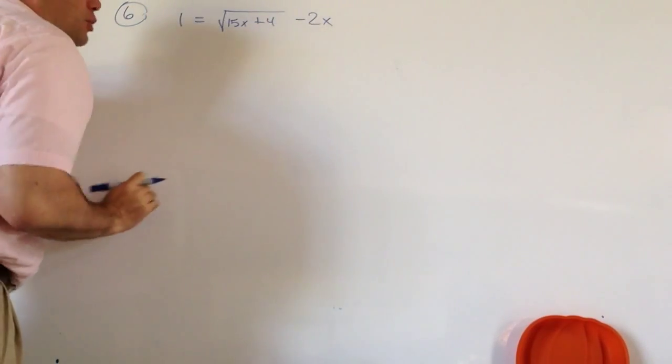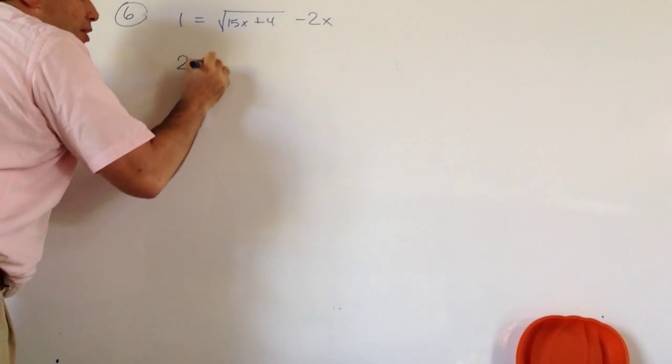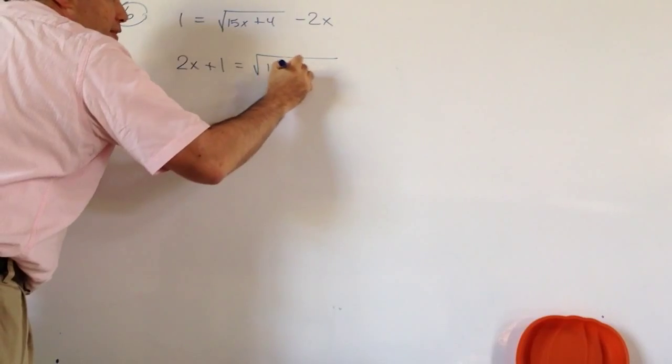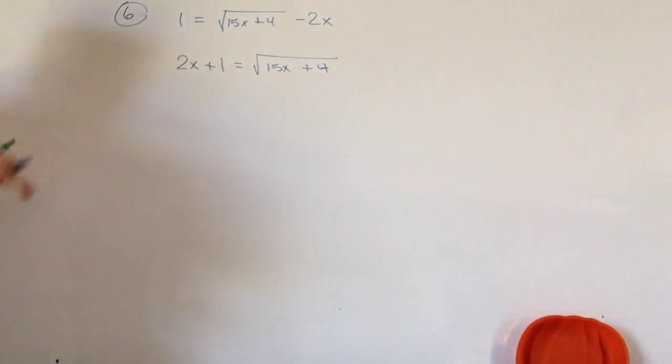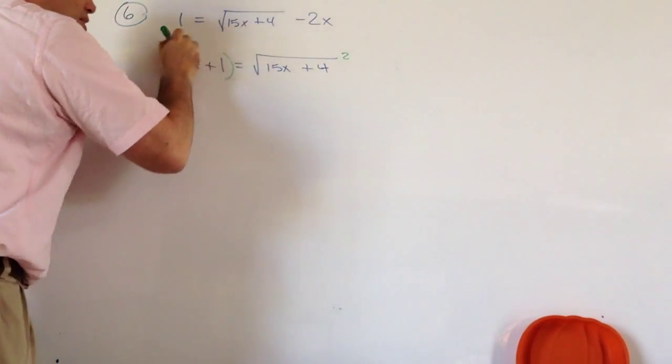Easy, add 2x on both sides. So on this side we get 2x plus 1 equals the square root of 15x plus 4. We raise it. In this case we square it. Square this side and square the entire side.